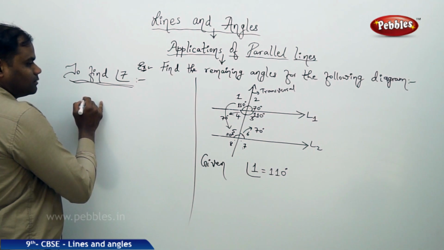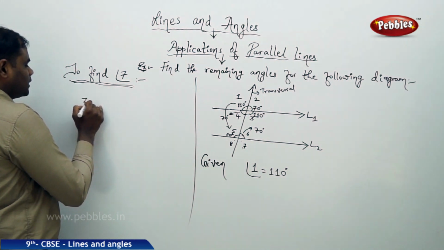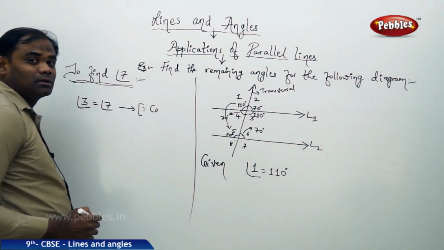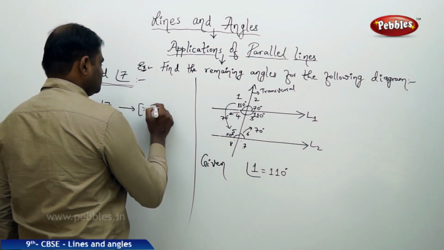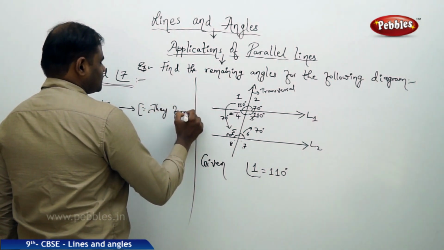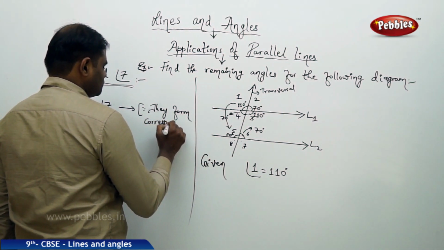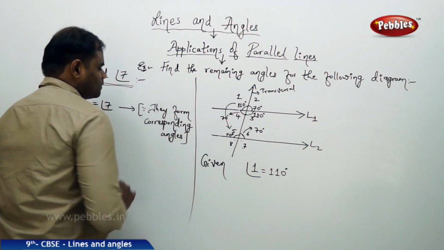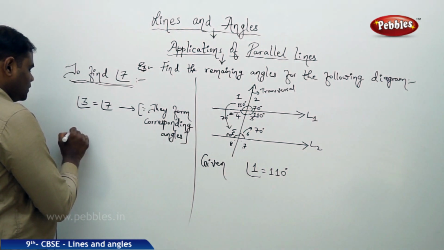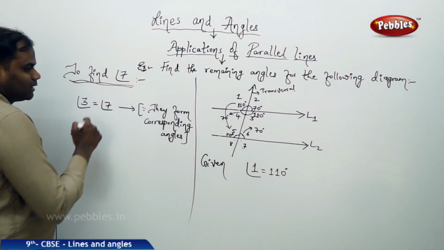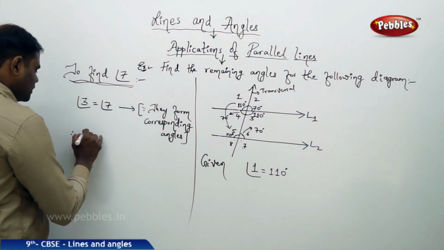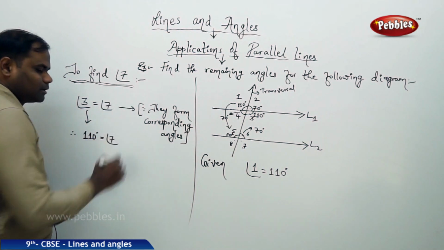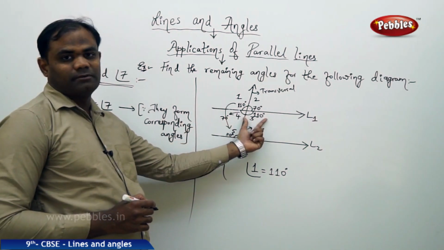Now since 3 and 7 are corresponding angles, angle 3 must be equal to angle 7, since they form corresponding angles. Therefore, angle 3, which is 110 degrees, I substitute for angle 3, which is 110 degrees, equals angle 7, which is already known from the previous case.